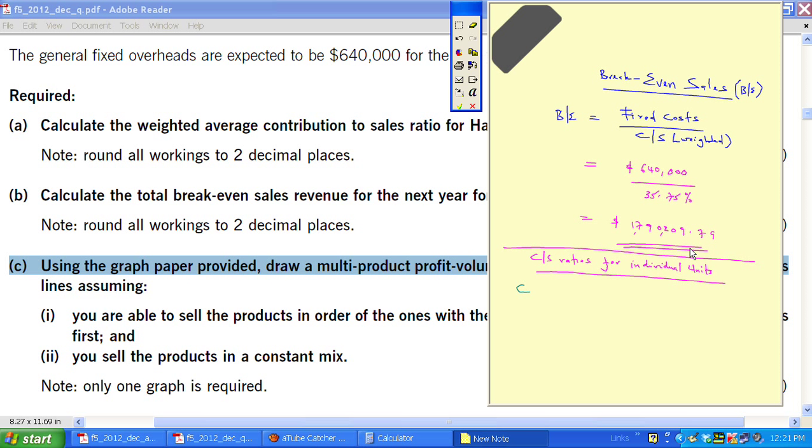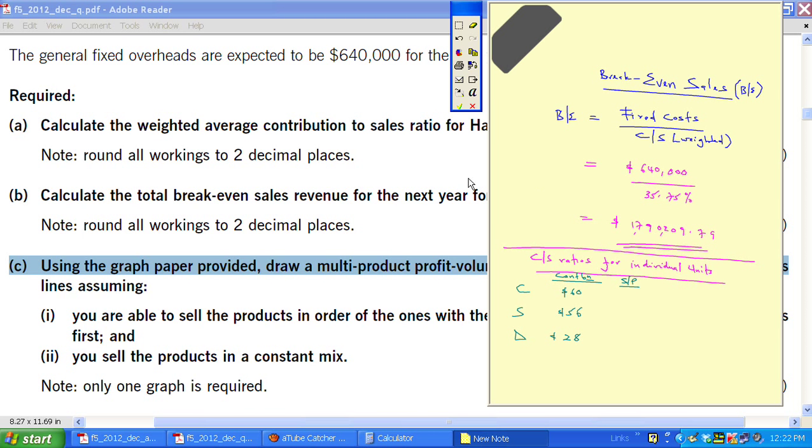So our products, we had C, S, D. Then the contribution. So what were the unit contributions? If you remember, we had 60, we had 56, and we had 28.